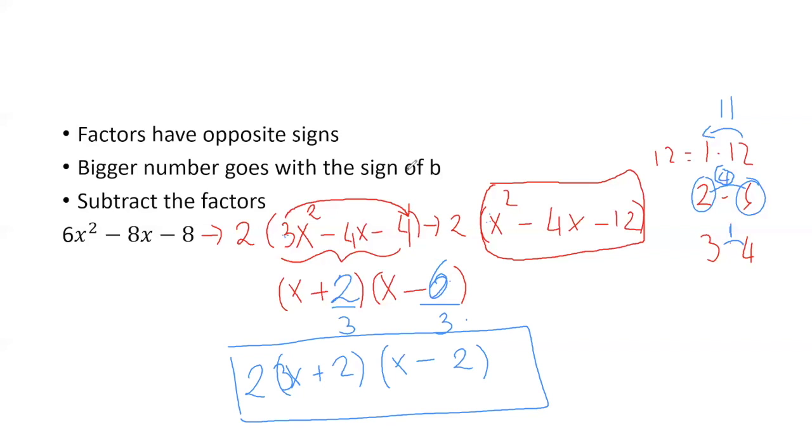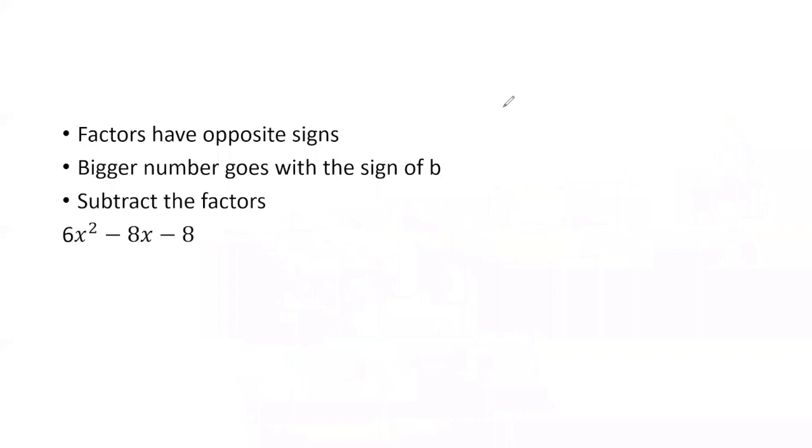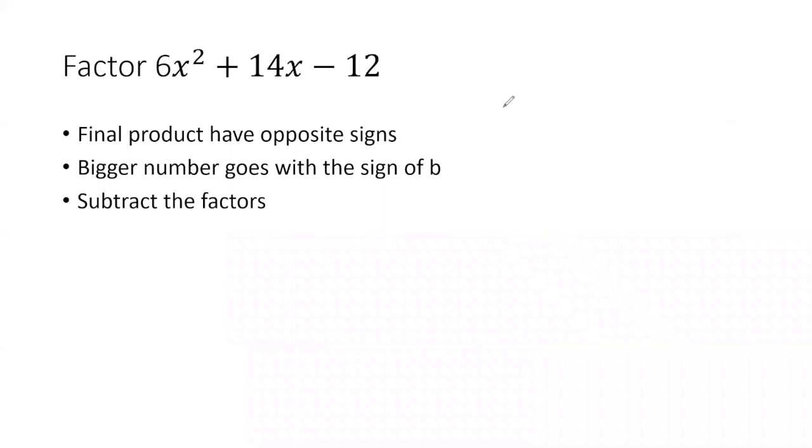We will try another problem with negative c. This problem, 6x squared plus 14x minus 12, c is a negative number.